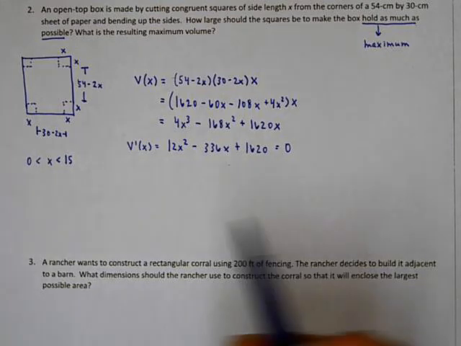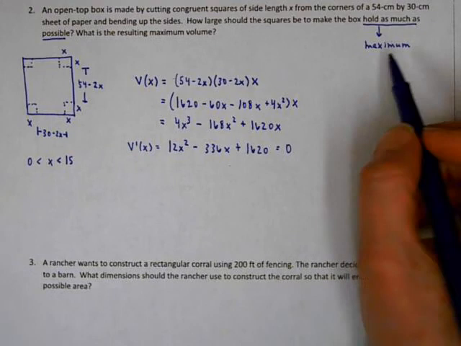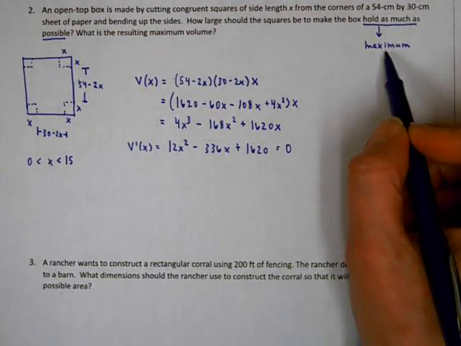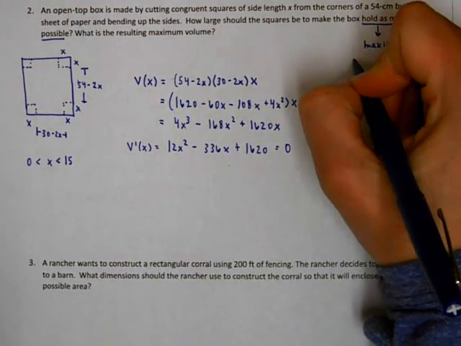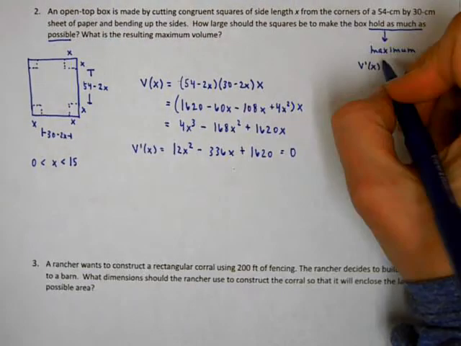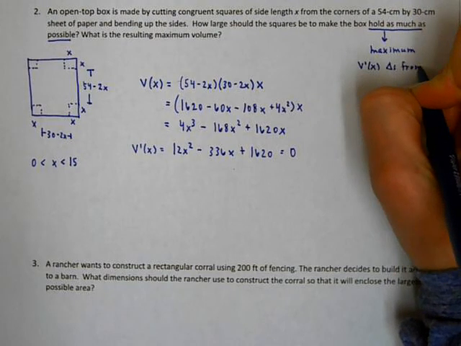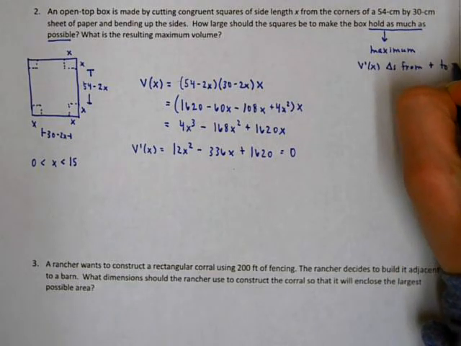So here's what I know. I have my derivative, and I'm going to graph it. I know that if I'm looking for a maximum, that's going to be where my derivative, in this case v prime, if it's a max, I'm looking for where v prime changes from positive to negative.